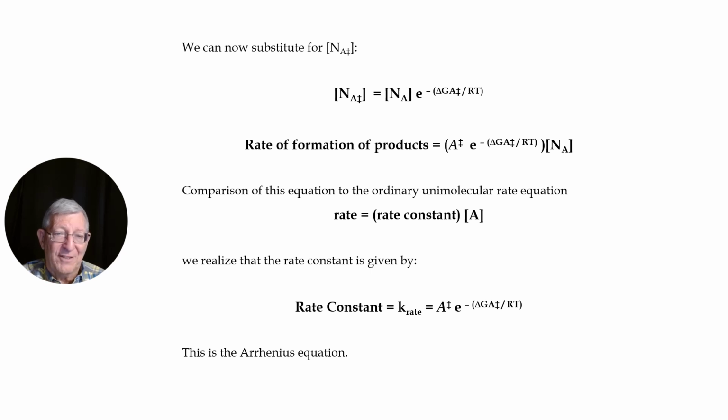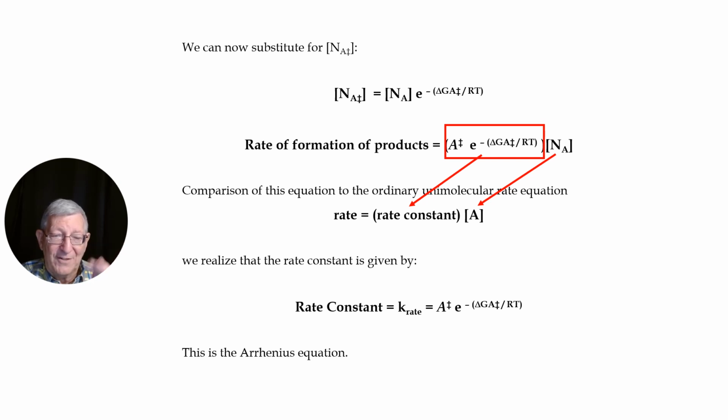Once I've got this equation for the activation complex, basically the equilibrium, if I plug in that vibrational frequency number shown here, it's Arrhenius' factor, the capital A double dagger, and I compare that to the rate equation where I've got a rate constant and the concentration, you see that the rate constant is going to be the exponential factor and also that frequency factor.